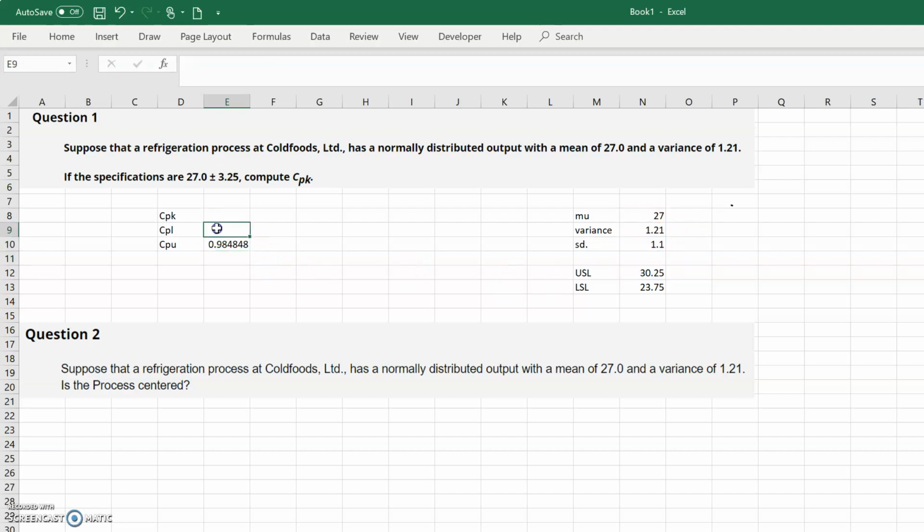I believe the answer will not be that different for the lower part, divided by 3 multiply 1.1. Yeah, therefore the CPK is the minimum of both.